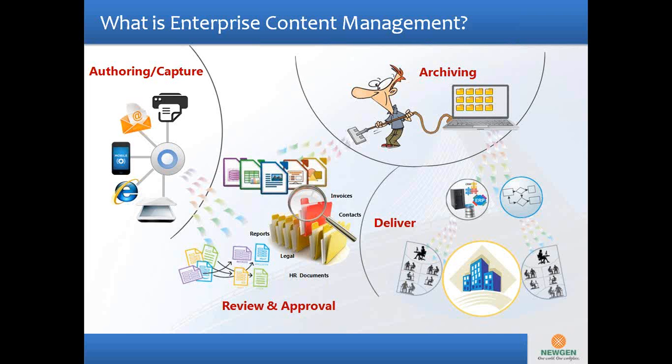Delivering means publishing or delivering it to the stakeholders of the content. And archiving would mean long-term retention and preserving this content for future purposes. Enterprise content management is the set of technologies used to capture, manage, store, preserve, and deliver the content and documents related to organizational processes.